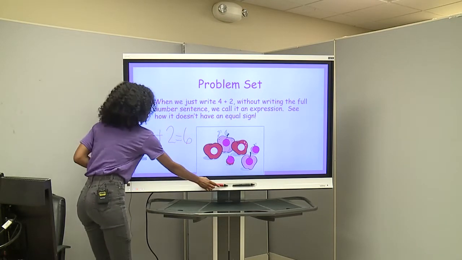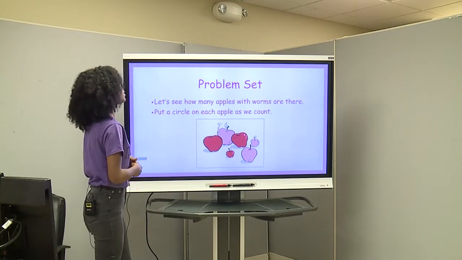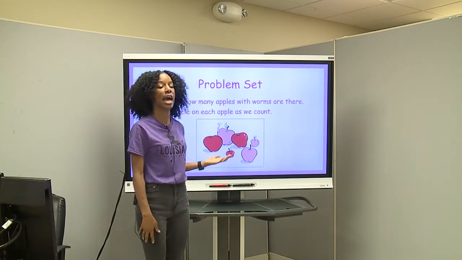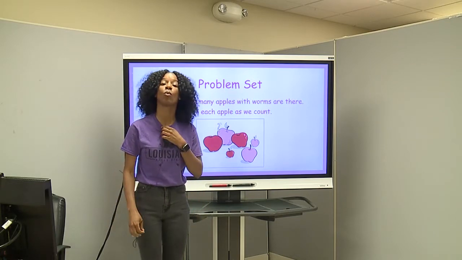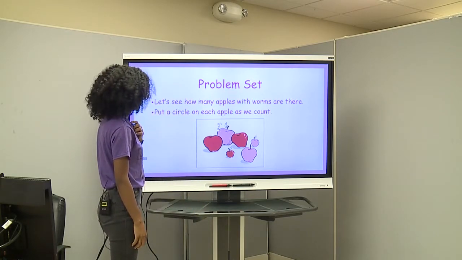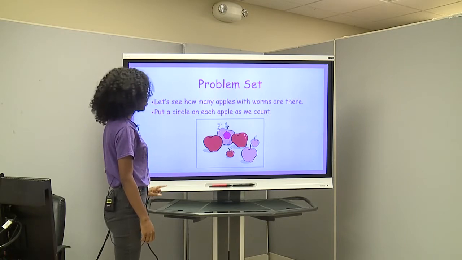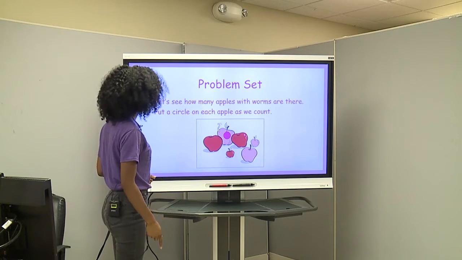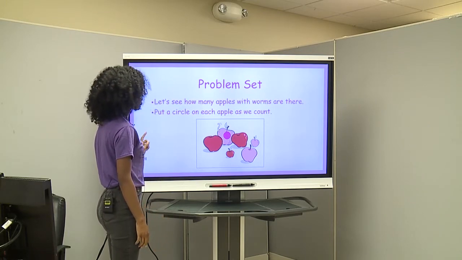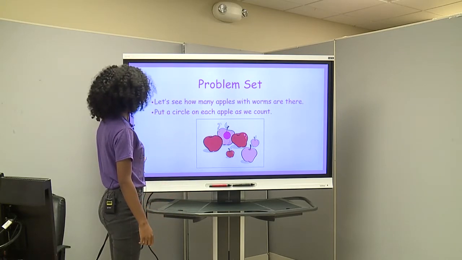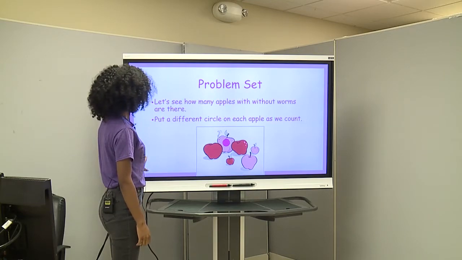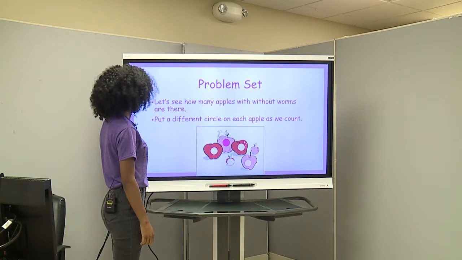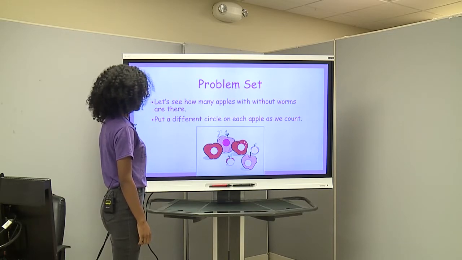Okay? Now, let's see how many apples have worms. How many of these apples do you see that has a worm coming out of it? And we're going to put a circle on that one apple because it has a worm coming out of it. Now we're going to put a circle on each apple as we count. All right. 1, 2, 3, 4, and 5.